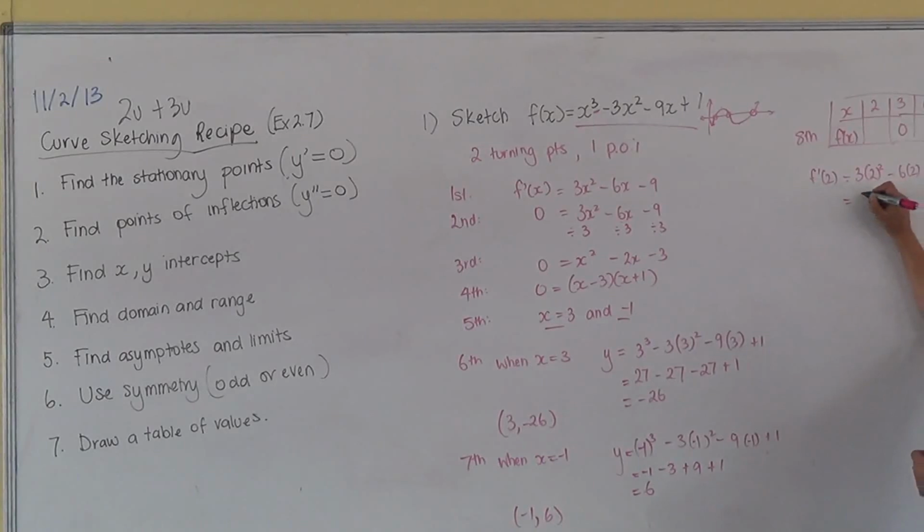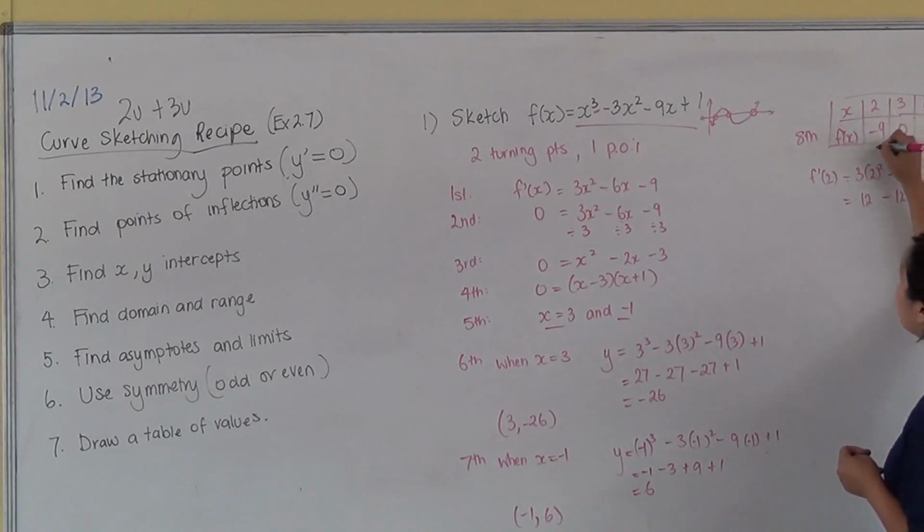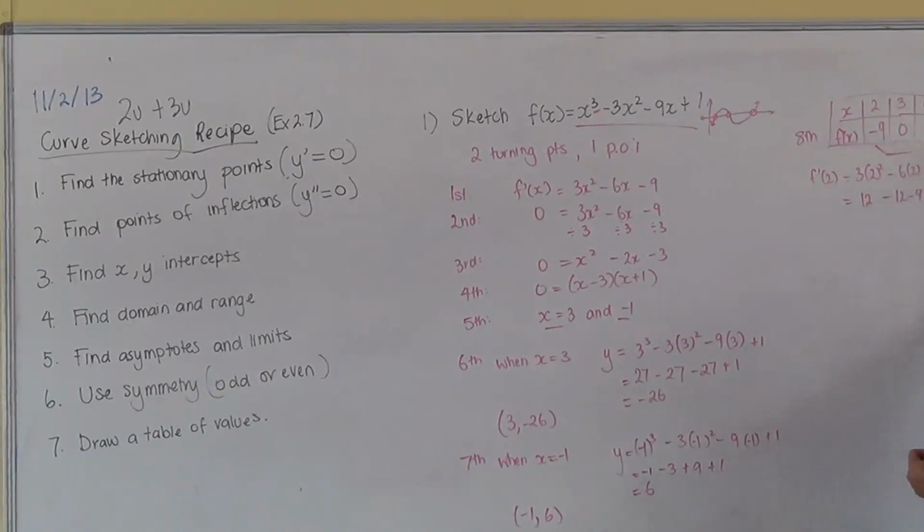That's 12 minus 12 minus 9. What is it? Minus 9. So it's minus 9, so it's falling, then a flat line. And at 4? Positive 15. So it's going up.